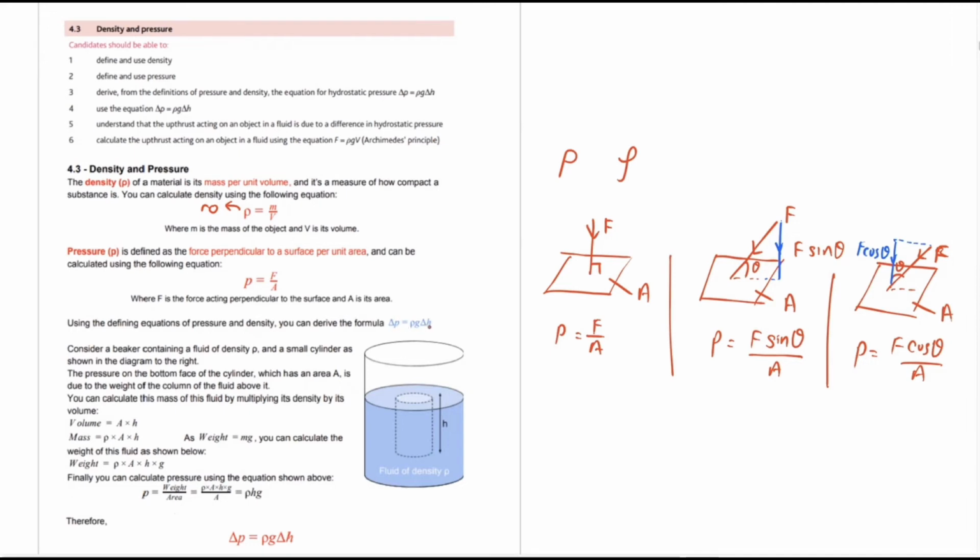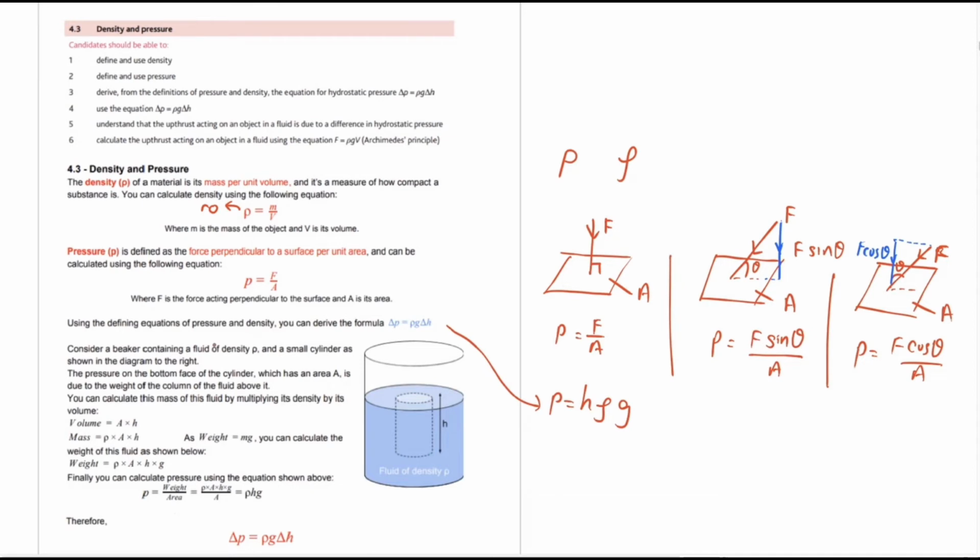So this is the pressure in liquid, or pressure in fluid. So for pressure in fluid, we use this one. Sometimes we just put P equals h rho g. So the pressure in fluid, we discussed just now.